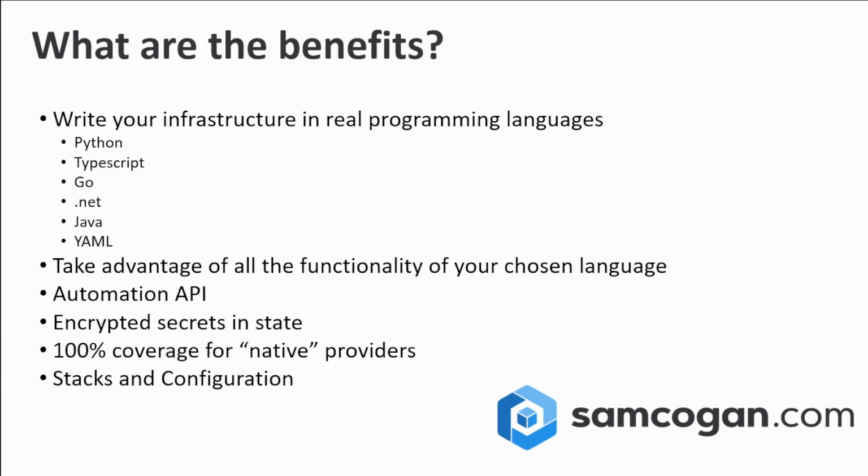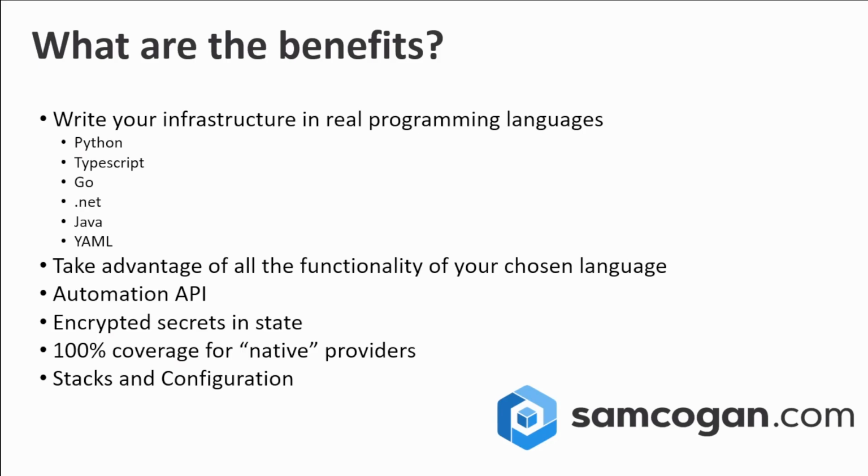You can just use the native language to read a file, whatever that might be. If you need to do stuff that Pulumi can't do, you can just drop out to your language and do some normal programming.